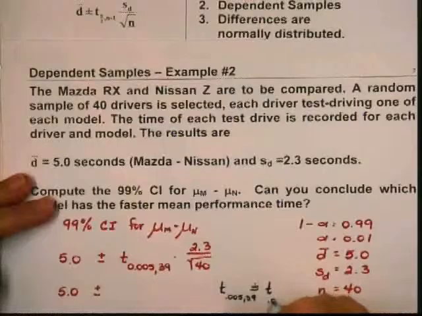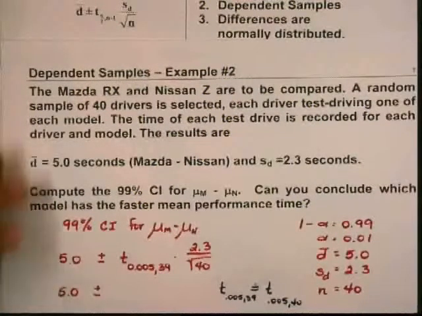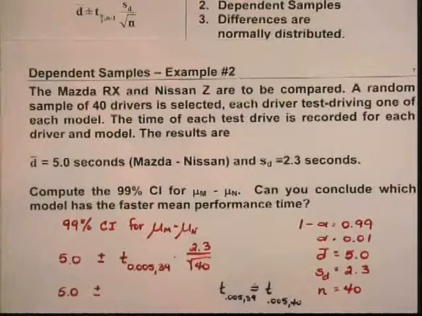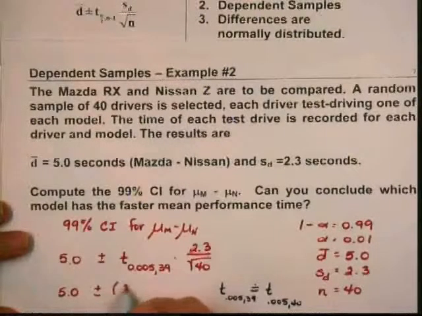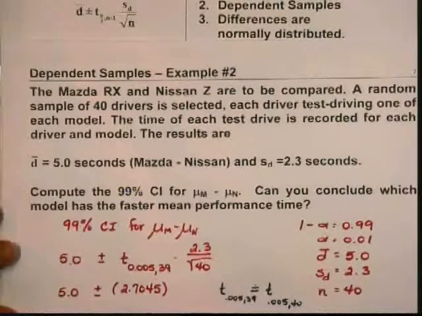We're going to approximate it with what? Use 40? Okay. And that critical value is what? 2.7045. Does everyone agree?